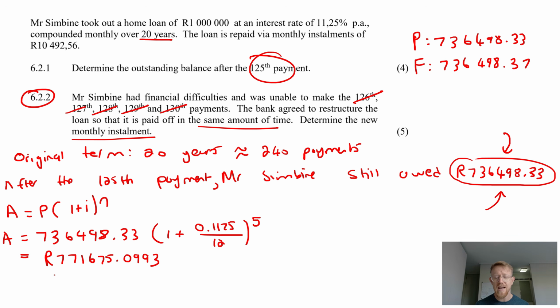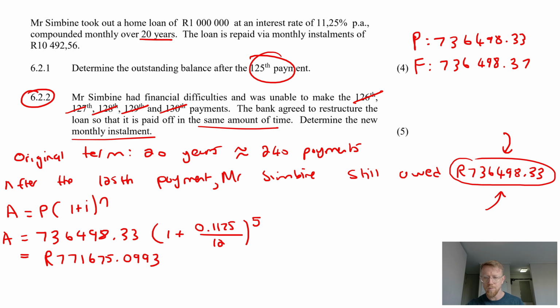And now I would like to recalculate the new monthly amount so that I can still finish everything in the 20-year original time span. So the person at the bank says, fine, that's perfect. This is your new outstanding balance. Let's go and calculate your new monthly amount so that you can still pay everything back in the original 20 years.